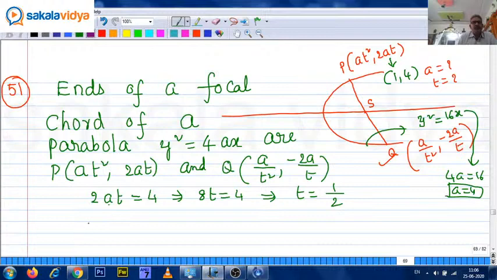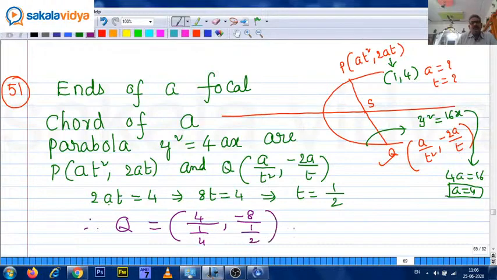Therefore, Q coordinates equals (a t square, minus 2at), that is 4 upon t square, 1 by 4 comma minus 8 upon 1 by 2. It comes to 16 comma minus 8 into 2, minus 16. This is the answer.